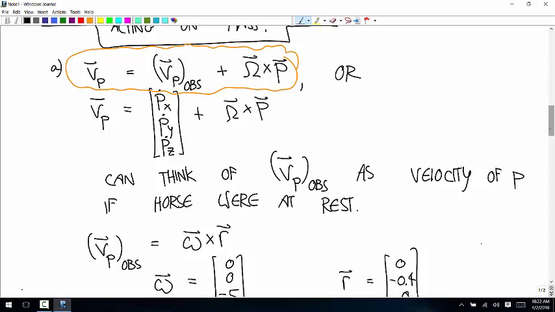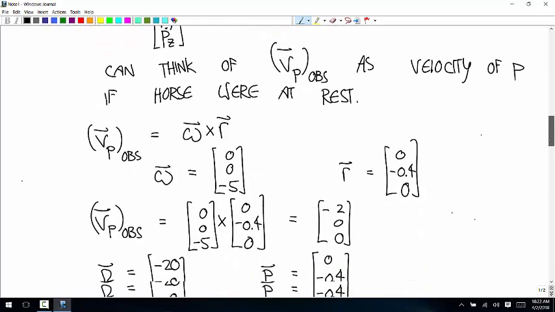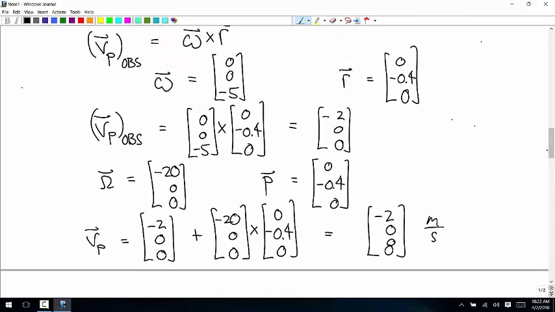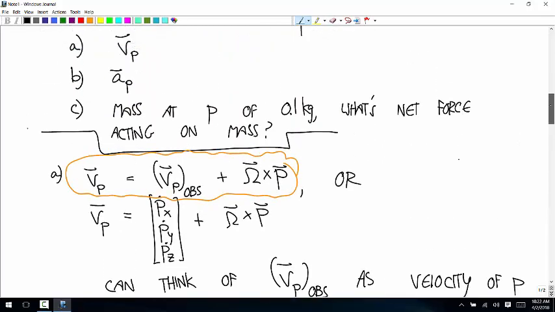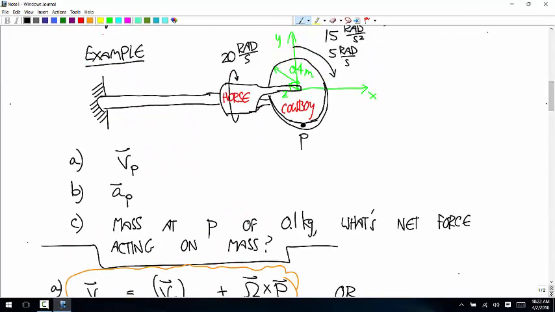But if we weren't doing the correction for the rotating coordinate system, and we were just trusting what our camera sees, we would have missed this whole 0, 0, 8 part of the velocity. In this case, intuitively, I think it's easier to do the velocity intuitively than the acceleration.